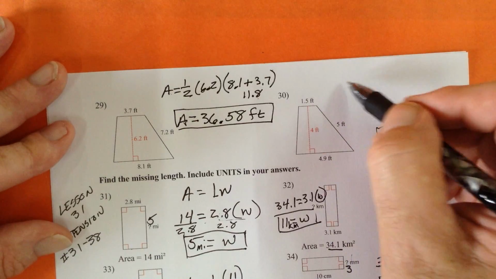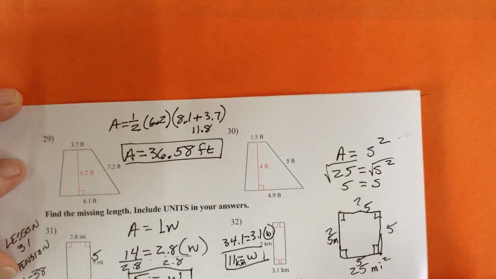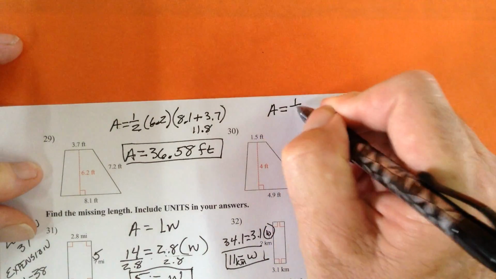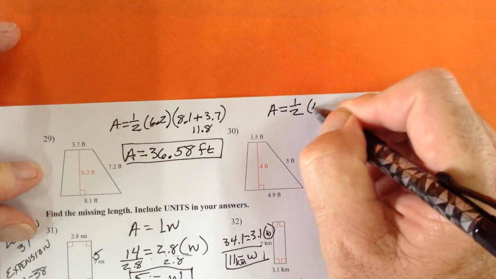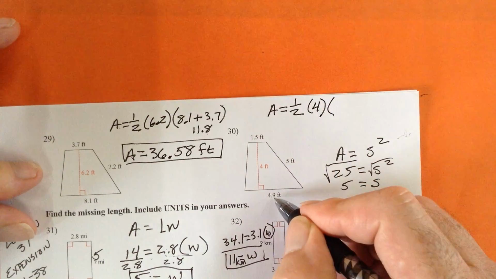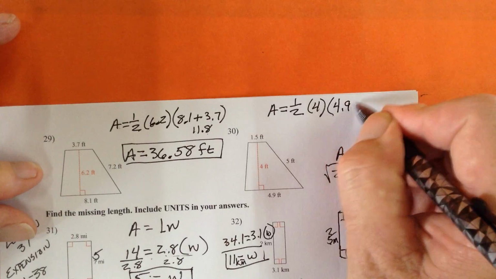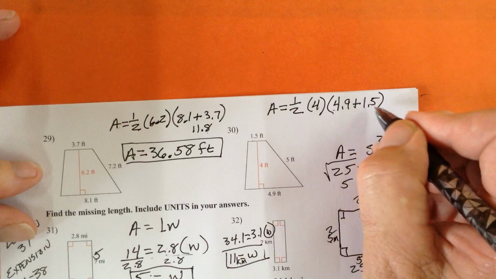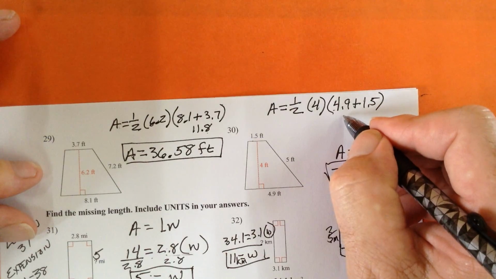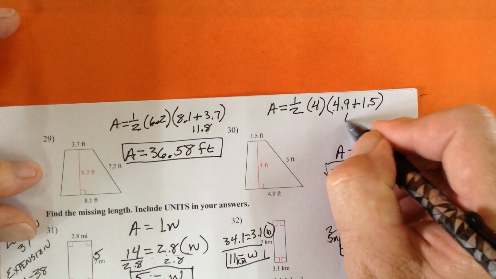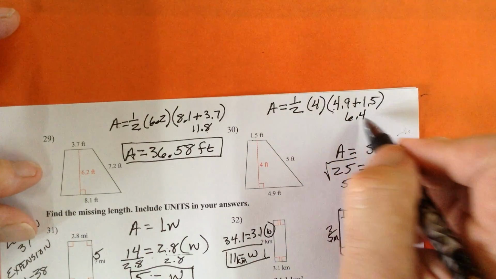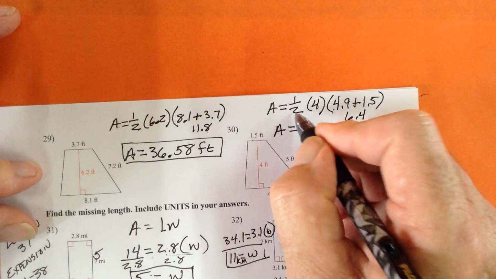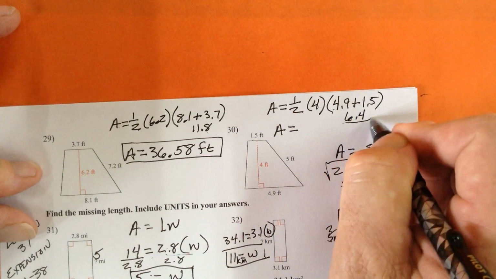And then this one, I'm going to squeeze up here. The area equals 1/2. The height is 4. Base 1 is 4.9. Base 2 is 1.5. Add these two together, it comes out to 6.4. And then on the calculator, do the math: 0.5 times 4 times 6.4.